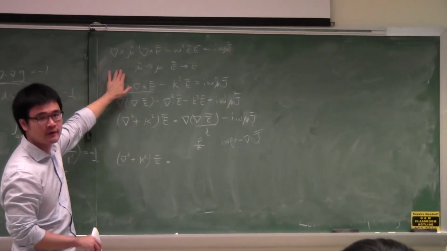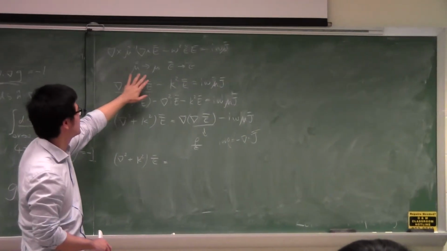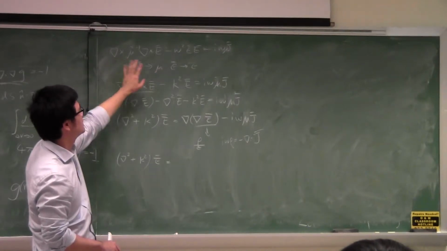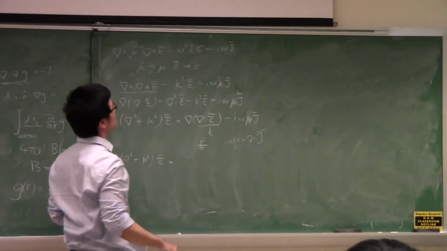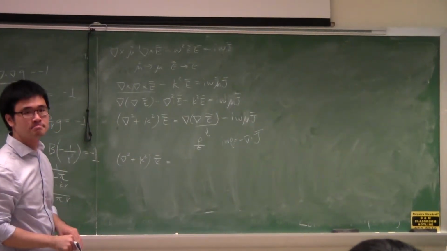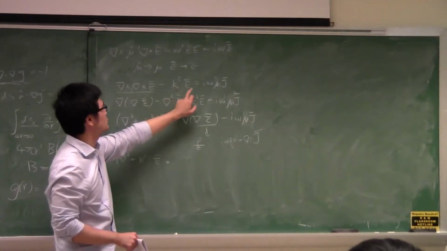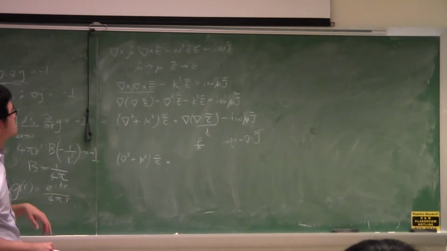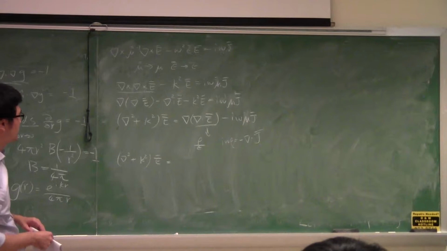I'm solving a free space vector Green's function, so this becomes a scalar. So I can take this out and multiply it to here. And then the mu I'll just put in the k-square, and mu here I'll just multiply. Oh yeah, sorry. Okay.